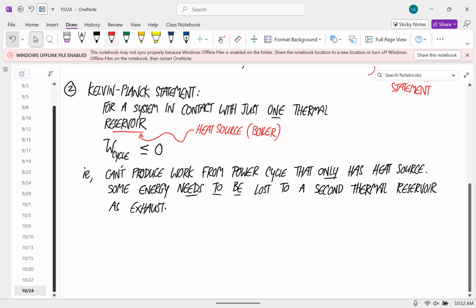Okay. This one is going to be a little more useful to us for calculations, not as useful as the third statement. The usefulness of this is we're going to use this idea to talk about efficiency, to do calculations about efficiency.